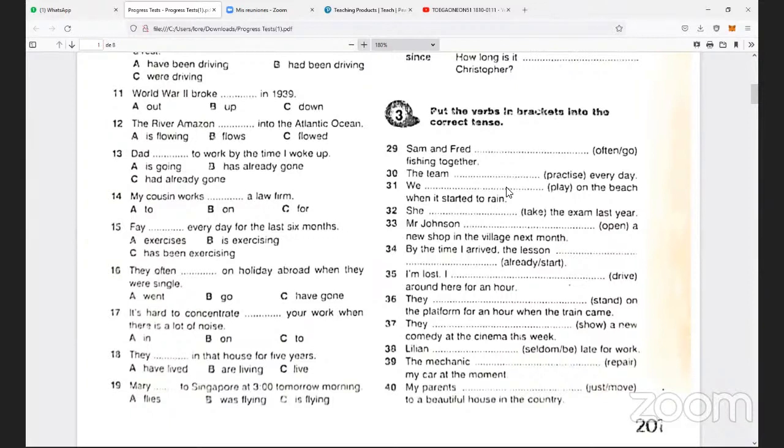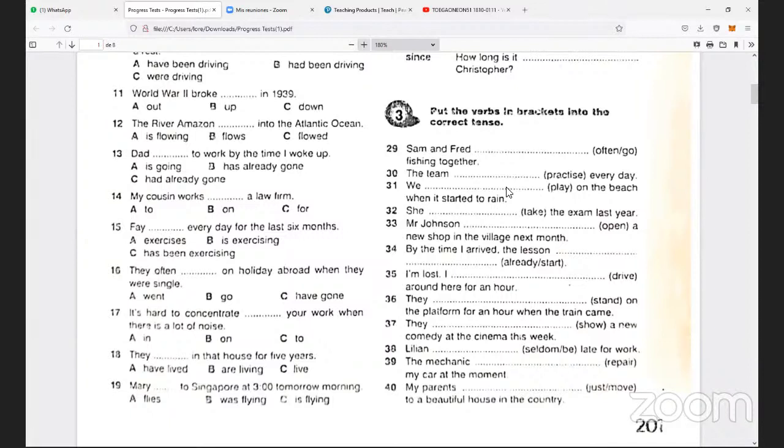They had been standing on the platform for an hour when the train came. Great. Okay. They are going to show a new comedy at the cinema this week. Okay, perfect.